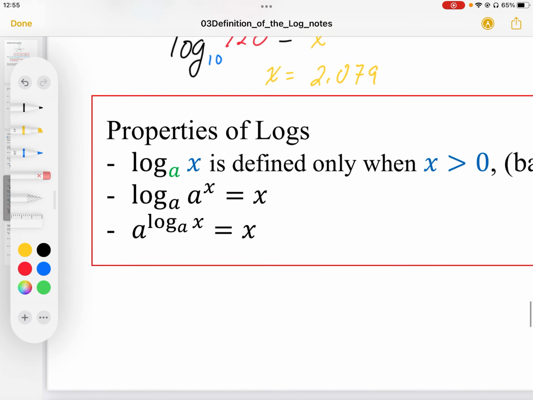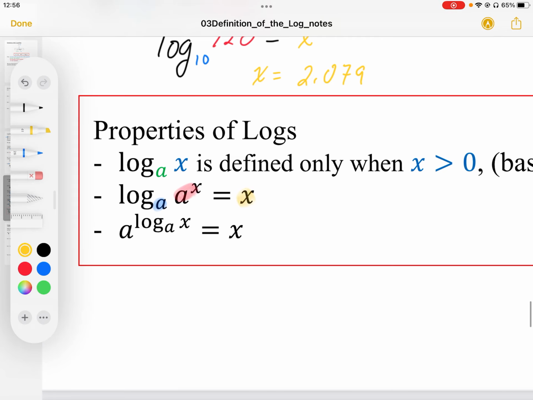The other two are just definitions. These are identities, and there are a few different ways we can understand this identity. I'm just going to look at the first one here. We have our base, we have our argument, and we have our exponent.